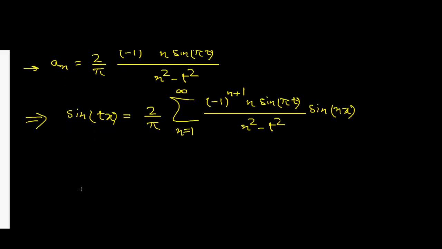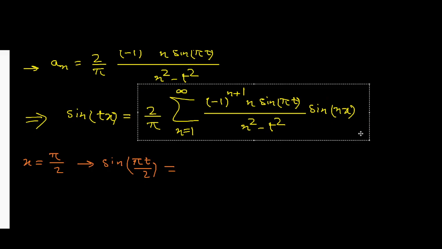And I think it's pretty obvious now that we're going to set x equal to pi by 2. And there would be no problem because pi by 2 is actually within the interval that we wrote the Fourier series for, so there is no issue of discontinuity and convergence. So setting x equal to pi by 2, we get sine of pi t over 2 equals all of this.